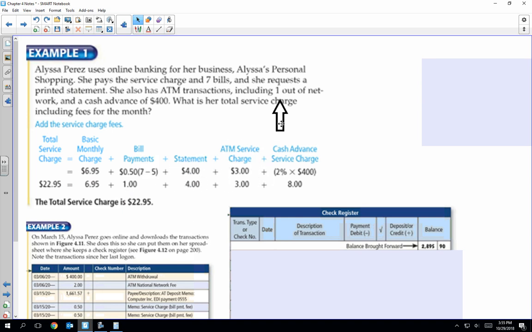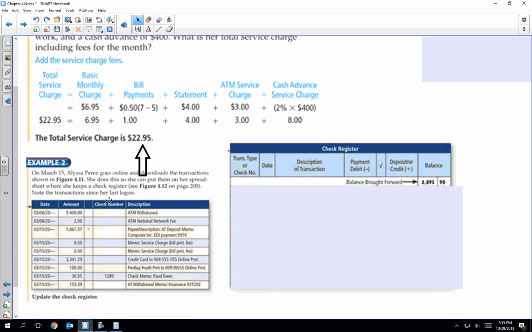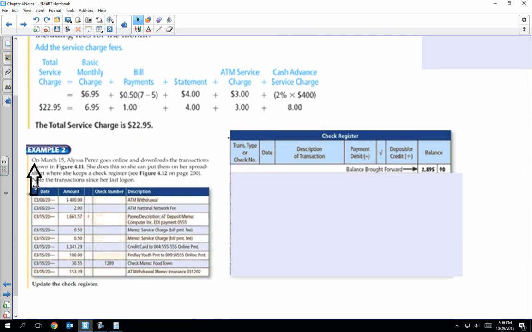ATM service charge for out of network is $3. And then the cash advance charge was 2% times the $400, which gives us $8. So you add all those together, and her total service charge is $22.95.